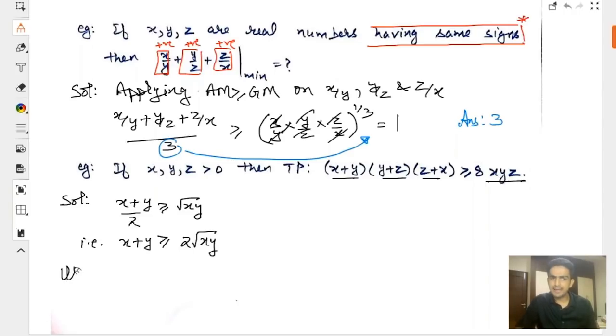Similarly, if you apply AM, GM on y and z, y plus z will come out to be greater than or equal to 2 times root of yz. And similarly, z plus x will be greater than or equal to 2 times root of zx. And by now, it should be very clear to you that I'm going to multiply all the three.